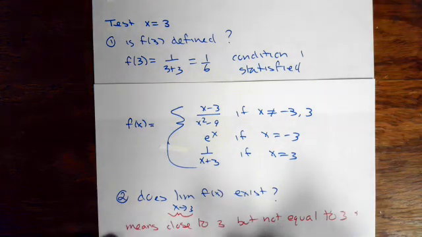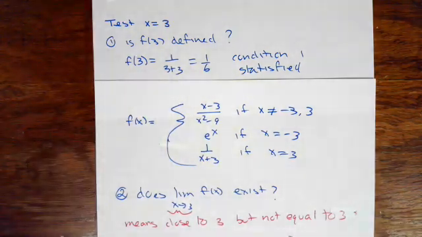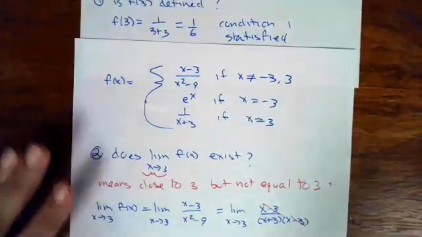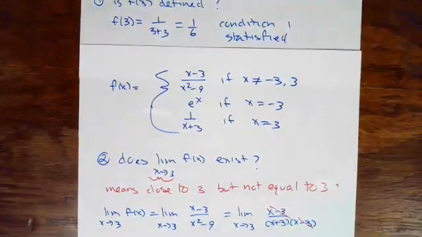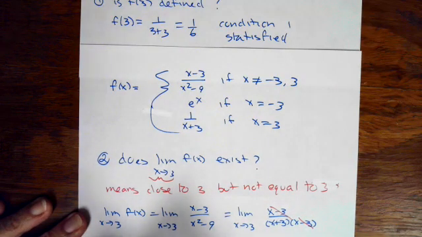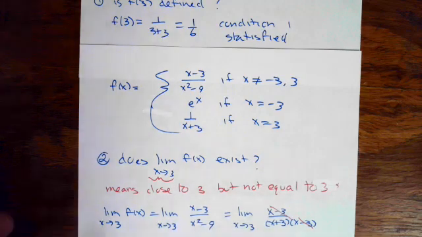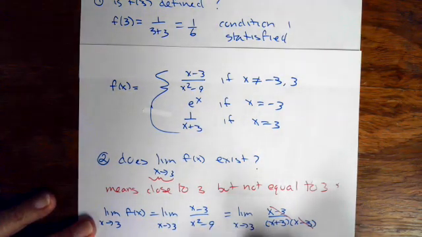And so we will factor instead. Then I get some nice canceling here. The x minus 3's cancel. And that's the limit as x goes to 3 of 1 over x plus 3. Now I can substitute, and I get 1/6.